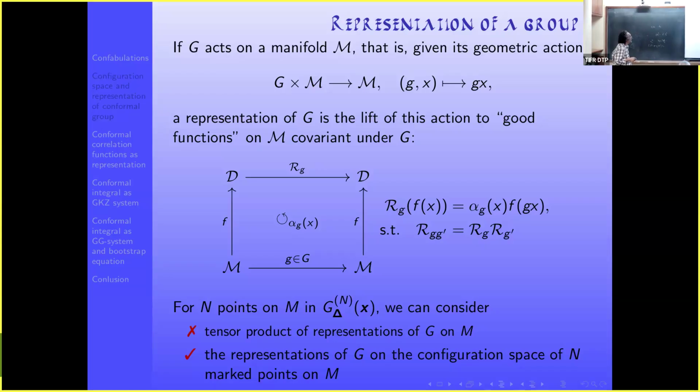I first take the action of the group, take x to gx, and then lift it, and this is the condition that gives me the representation. The R of g on the function f of x is given by first taking gx, then mapping there, and perhaps you are allowed to have a factor here in such a way that R of g g prime for two group elements is a product of R of g and R of g prime.